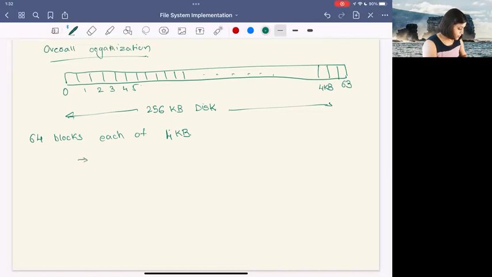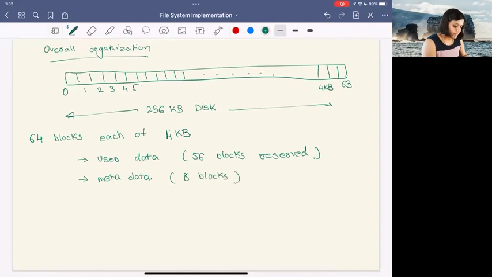So let's say we are storing user data in 56 blocks that we reserve for that. And we are storing metadata, that is data about this user data. And we reserve 8 blocks to store this metadata. So that sums to 64, right?